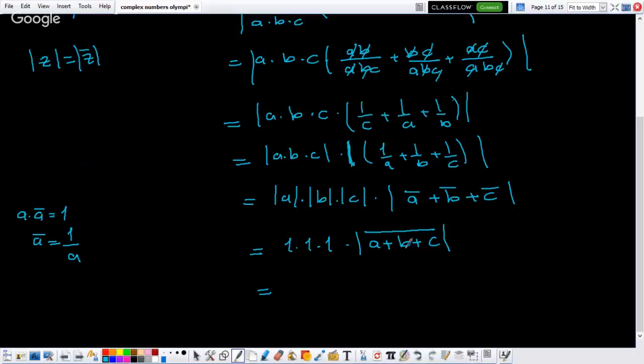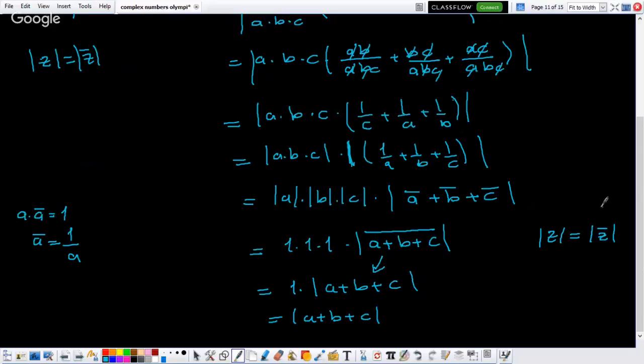So if A, B, C are complex numbers, the modulus of the conjugate of their sum is equal to 1 times the modulus of A plus B plus C.